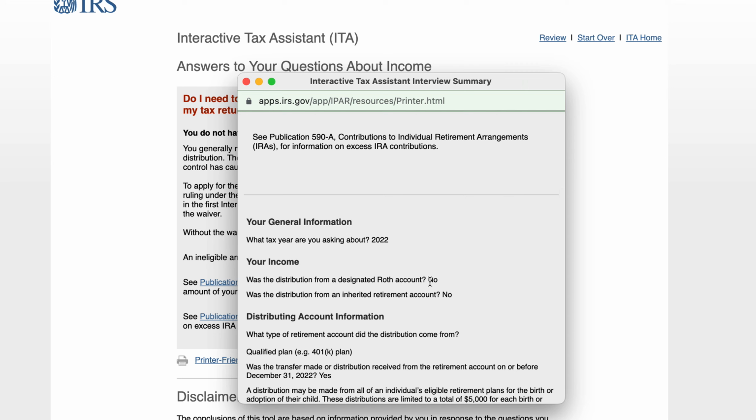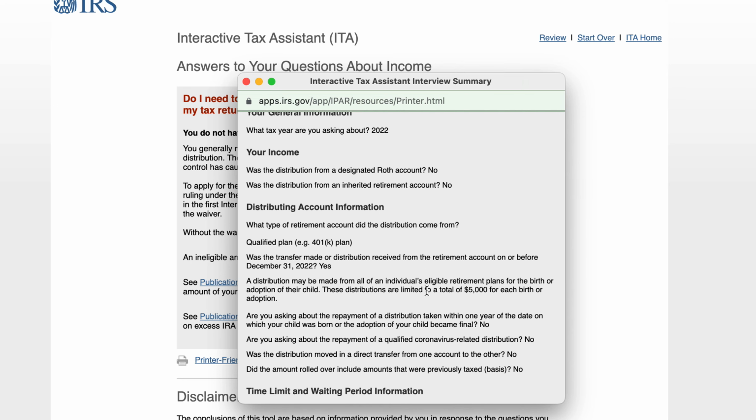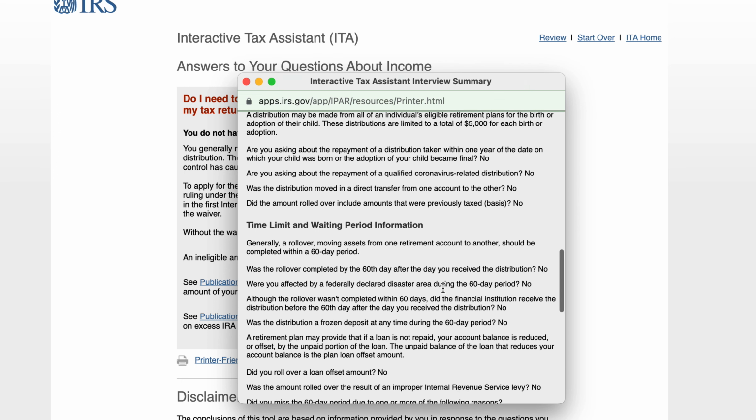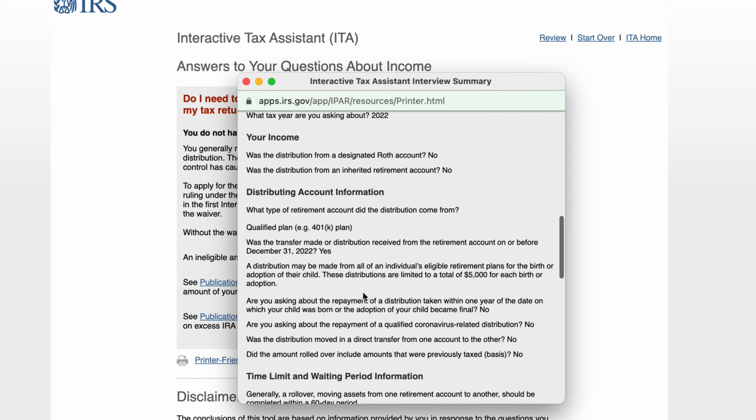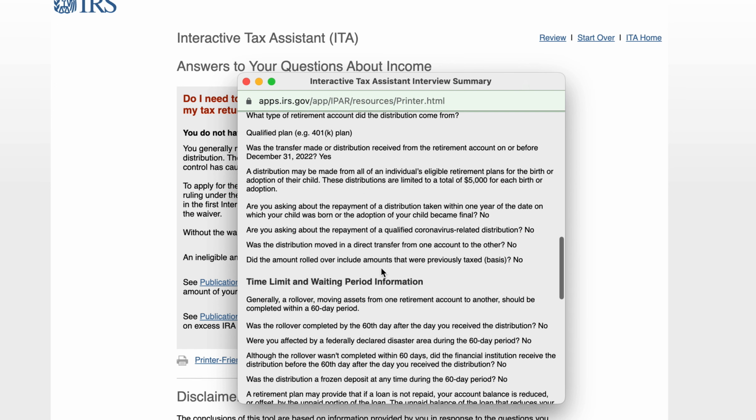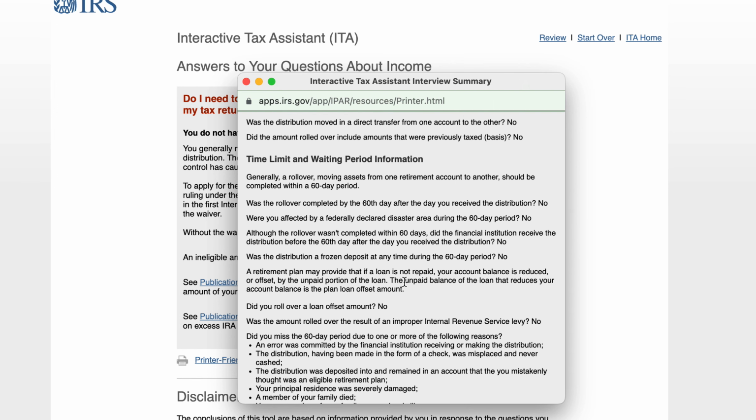Sometimes you hit the wrong button or you misinterpret something. So go back to these questions that you answered with a fine-tooth comb and really think through, make sure you answer these questions appropriately. For example, with the account information, the time limits. These are all questions where the IRS is really checking to see if there's any of the outs that you might have had that apply to your situation.